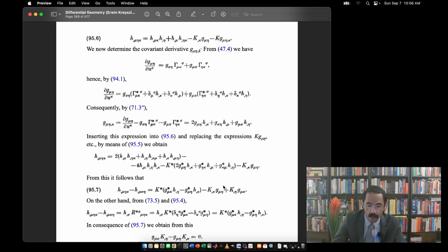From this, we have that partial g sub mu eta partial u kappa is equal to g sub sigma eta times Christoffel sub mu kappa superscript sigma plus g sub mu sigma times Christoffel sub eta kappa superscript sigma.